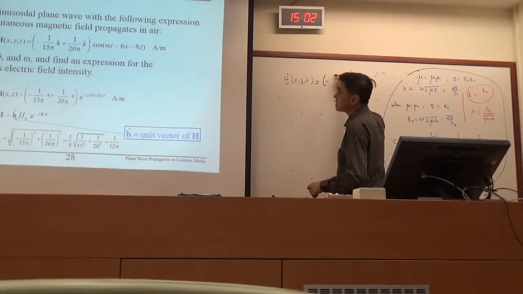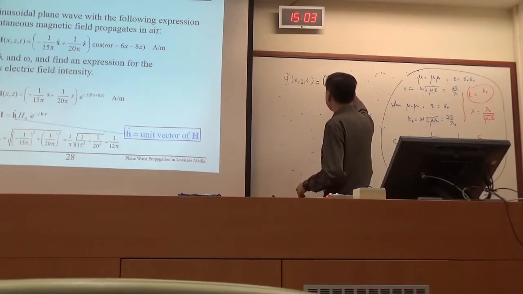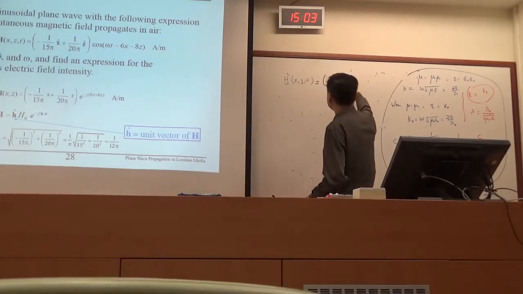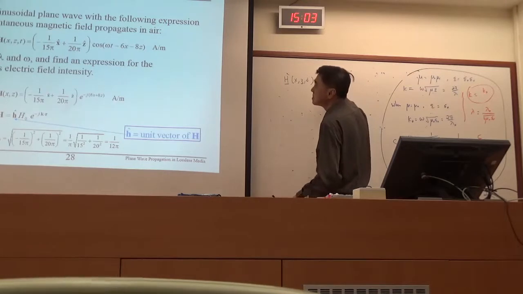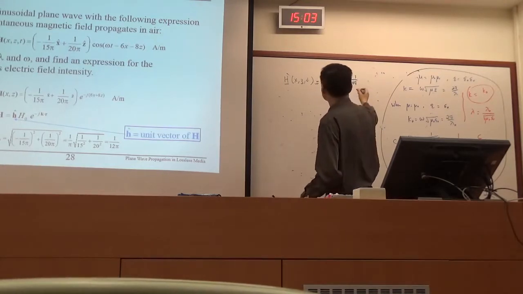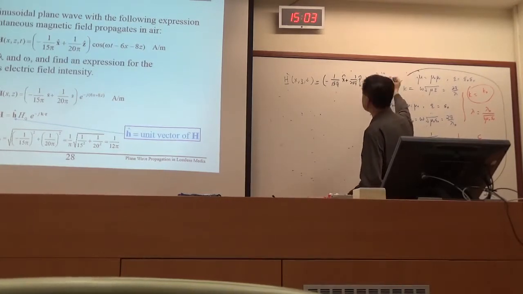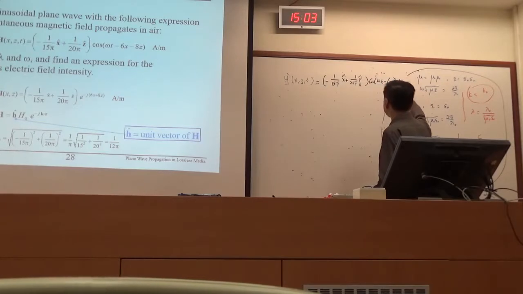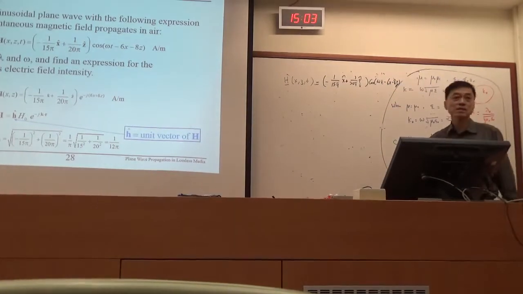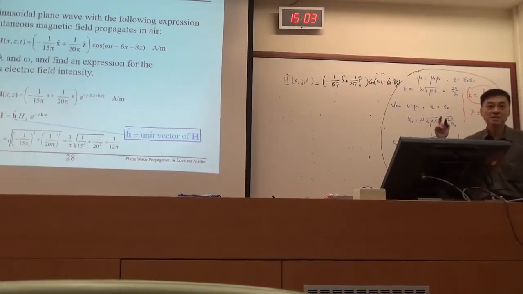equal to minus 1 over 15 pi x plus 1 over 20 pi z, cosine of omega t minus 6x minus 8z. What does it mean?